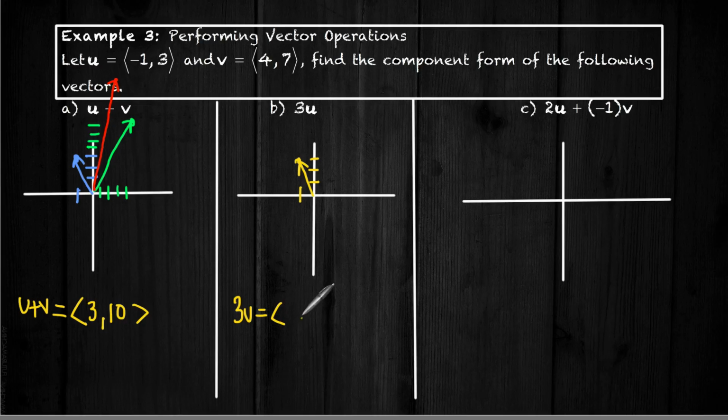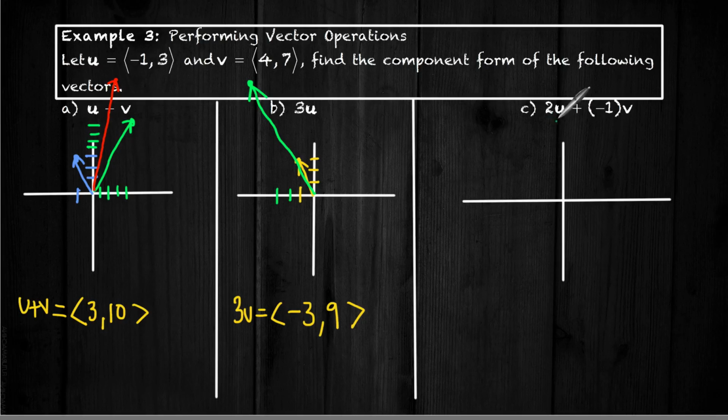And all you do is simply multiply the x component by 3, which is going to be -3, and the y component by 3 as well. It's going to be 9. And so now we are going to use green for that one. So now you're going to be going left 3 and up 9. So that's going to be up here. So now you have a vector that is 3 times as long as vector u.